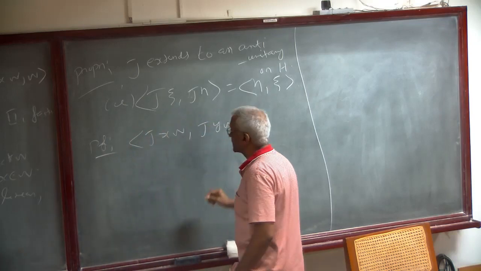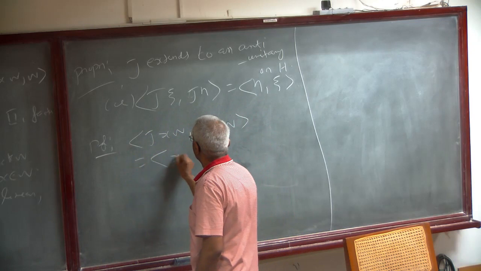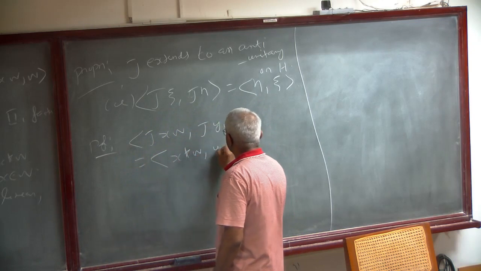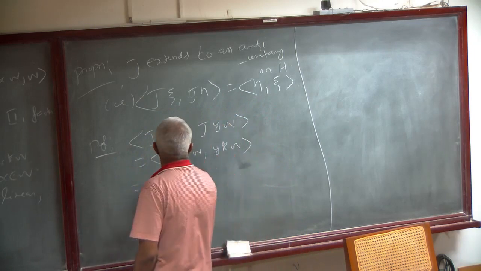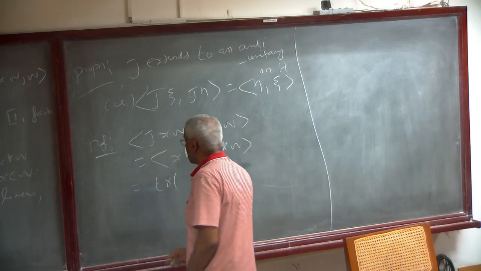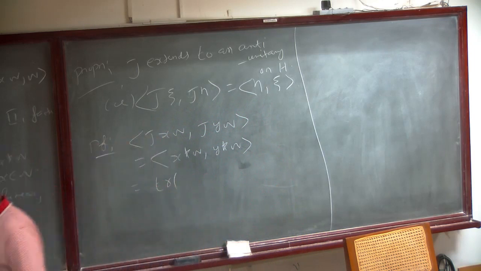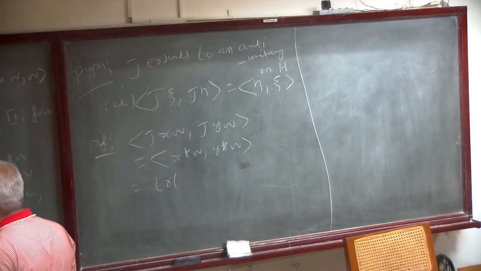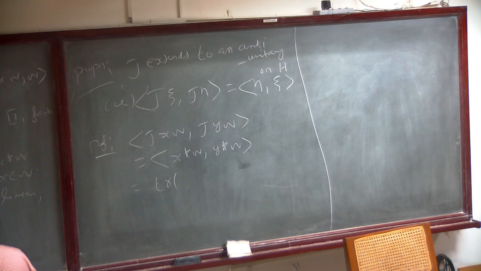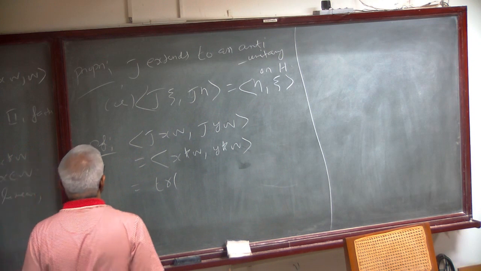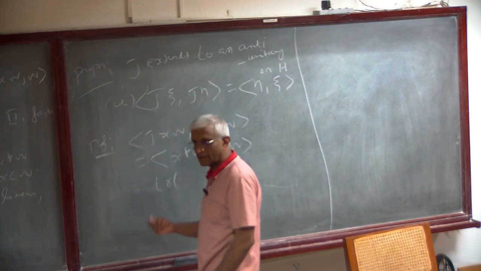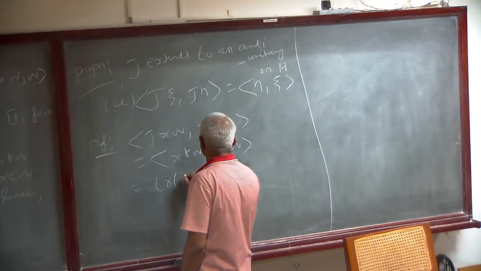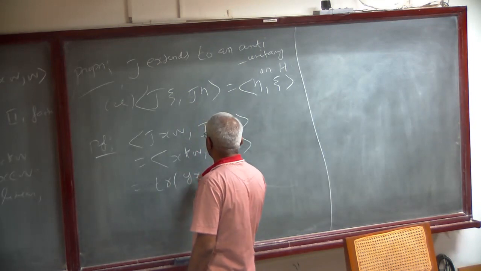This is equal to x star omega, y star omega, right? By definition. And that is equal to, if you want, you can write it as trace y x star.